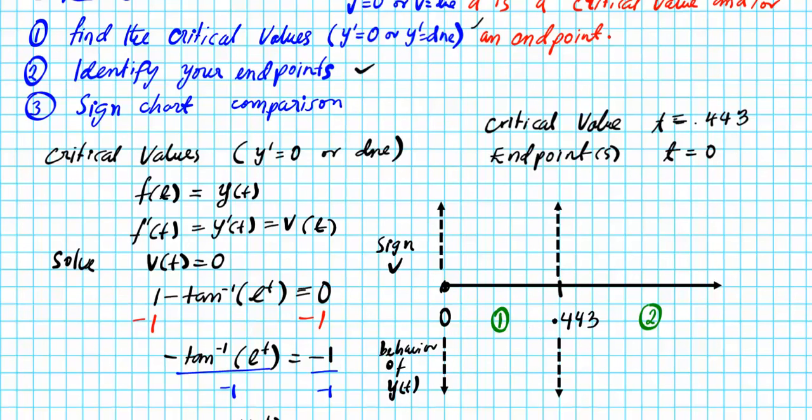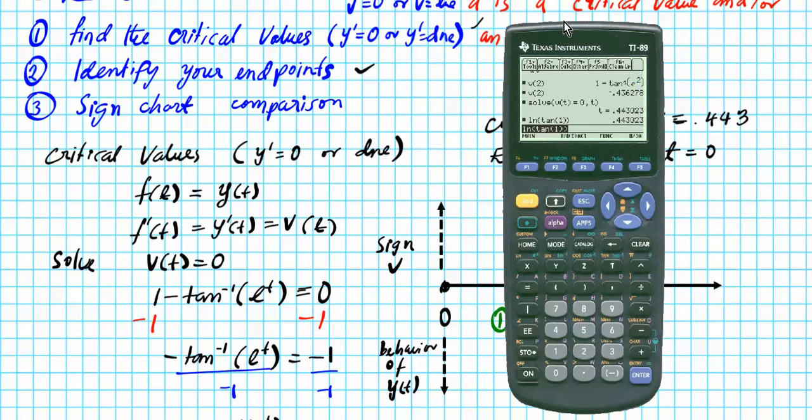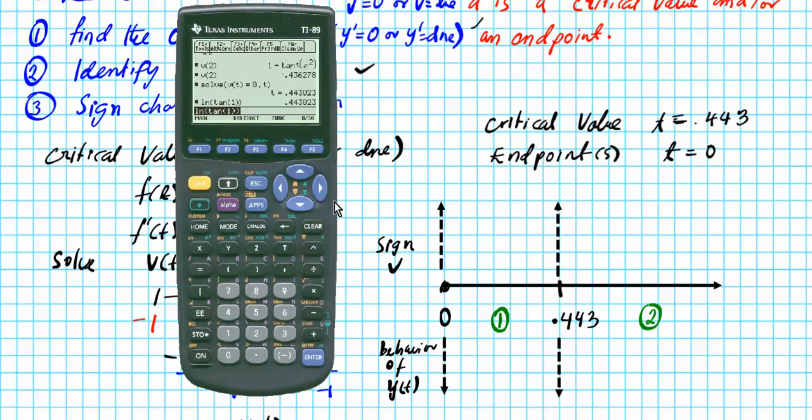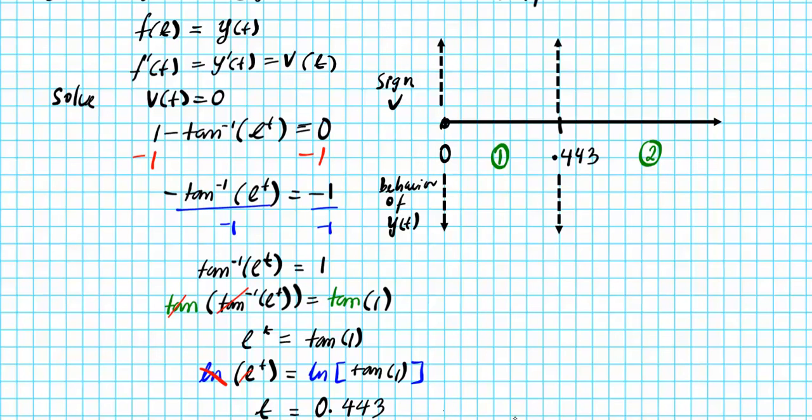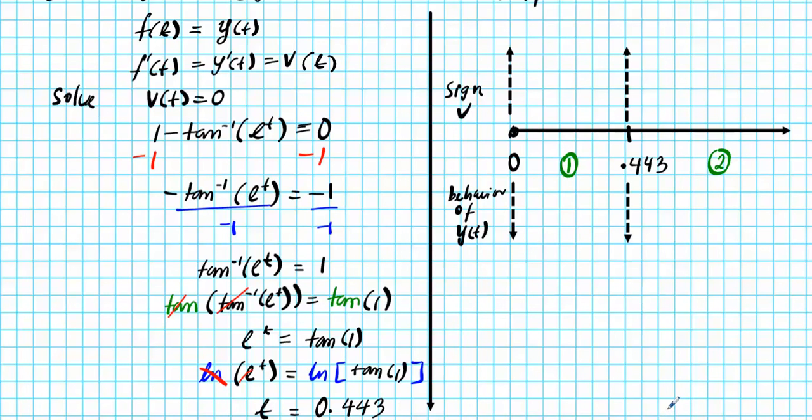Okay. All right. Now let's see. What number do we want to pick between 0 and 0.443? So we can pick 0.2. So we're going to test t equals 0.2. All right, so let me get organized here. So let's put here test.